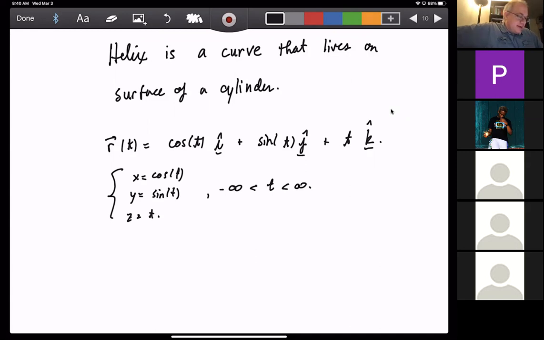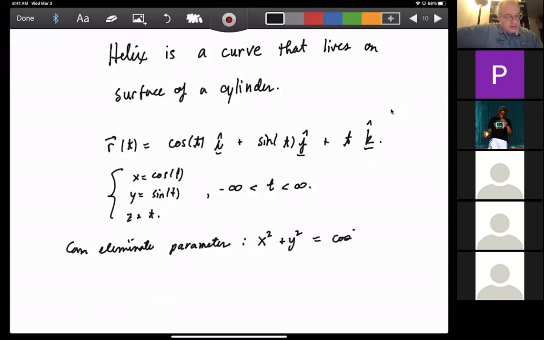So I noticed, first of all, that I can eliminate the parameter between the first 2 equations here. So x squared plus y squared is equal to cosine squared t plus sine squared of t, which is 1.